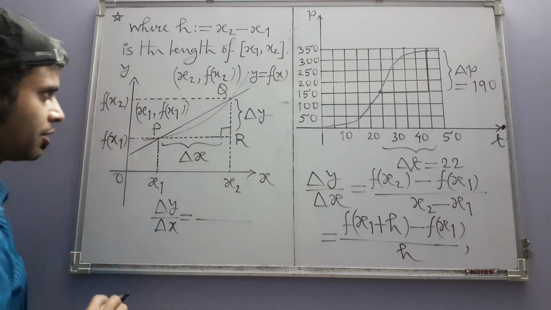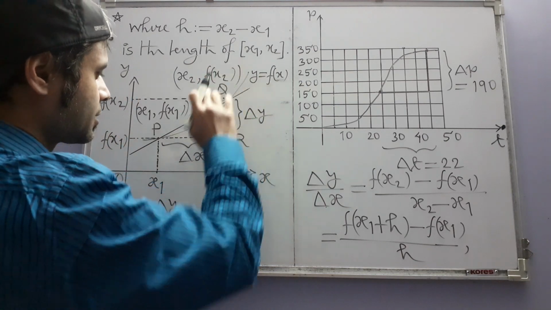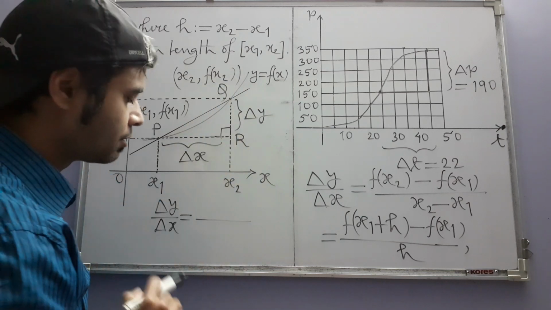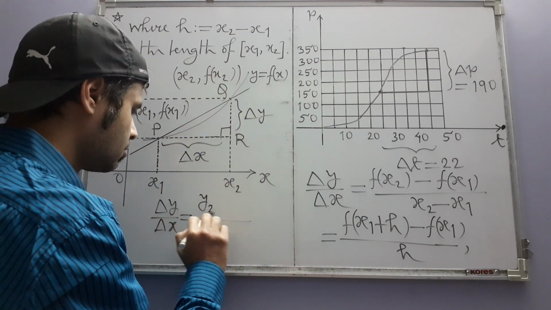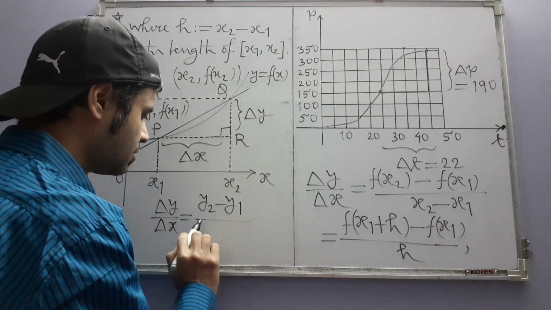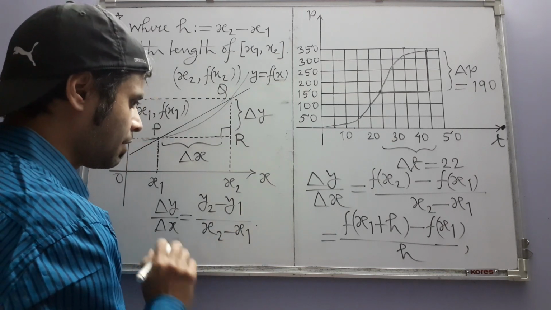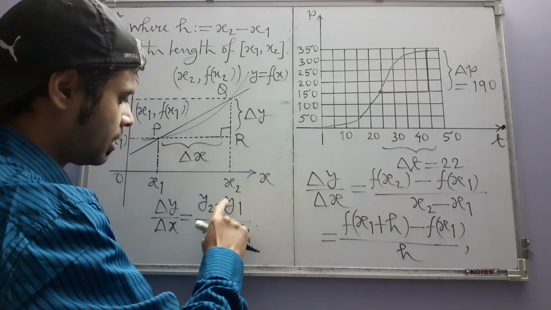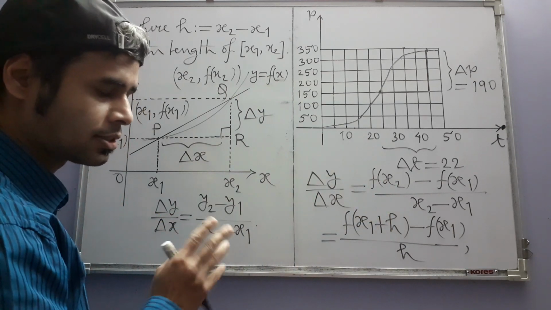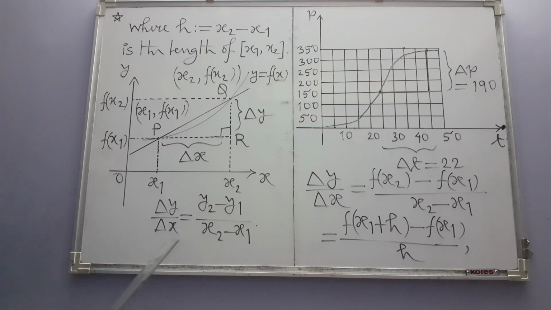This is just simply, if we express things in terms of x and y coordinates, then this is y2 minus y1 divided by x2 minus x1, and y2 is of course f of x2 and y1 is f of x1. That's how we are understanding these quantities.